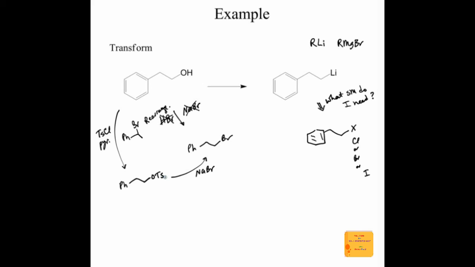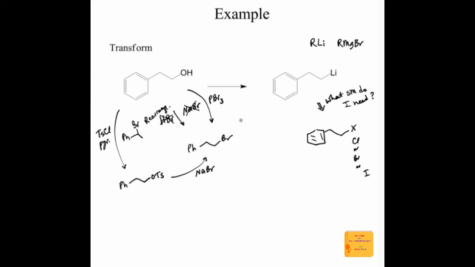Okay, so that two-step procedure would be okay. What's another process I can use? I can just take my alcohol and just in one step, I can add PBr3. So that would do the same transformation. There's no chance of rearrangement there. So that would probably be a better choice in the laboratory. Although this transformation is acceptable too.